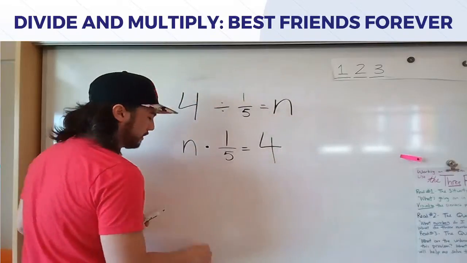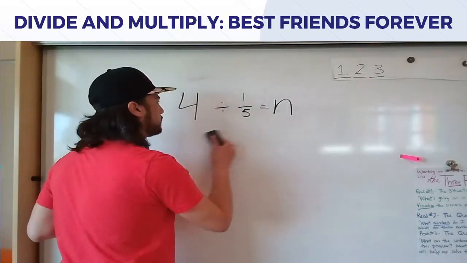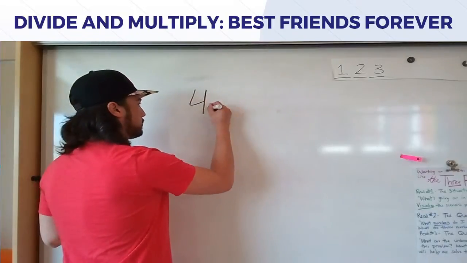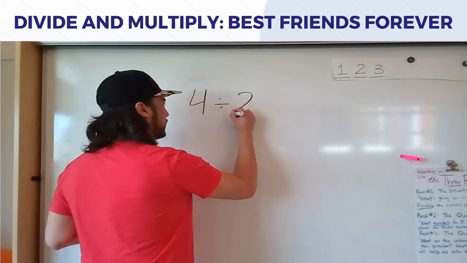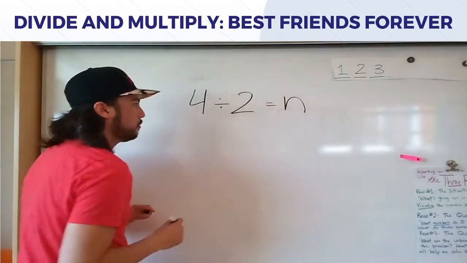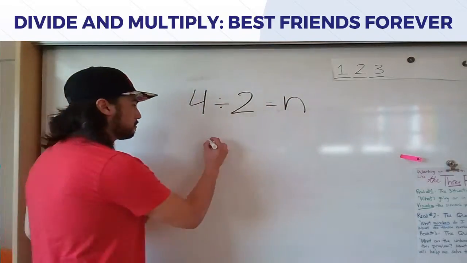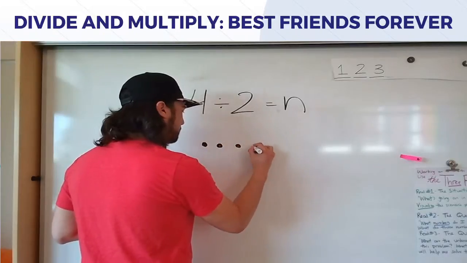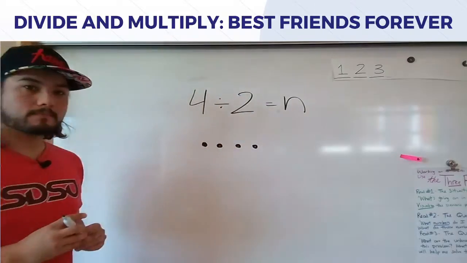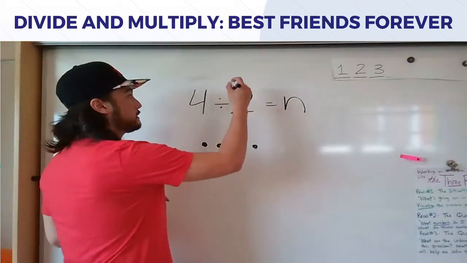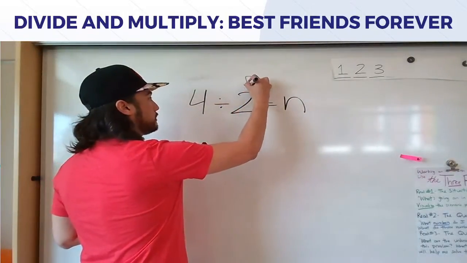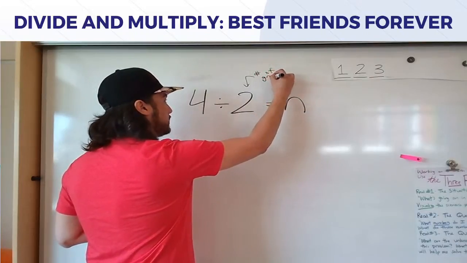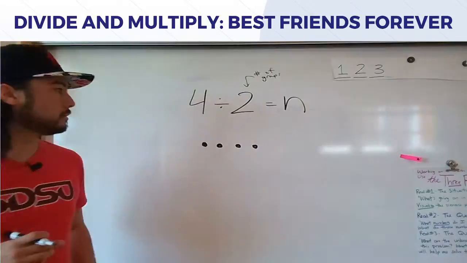Okay, we'll get a little bit into the conceptual here, just briefly. Let's take 4 divided by 2 equals n. What we're saying is we have 4, and this, our divisor, is the number of groups we're going to make with that 4, the number of equal groups.